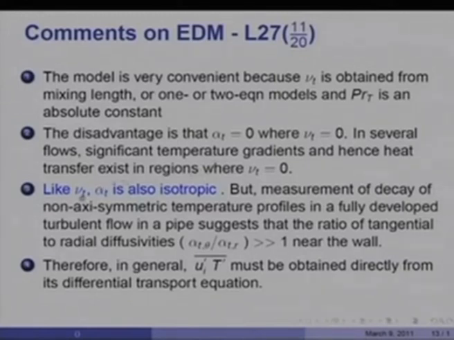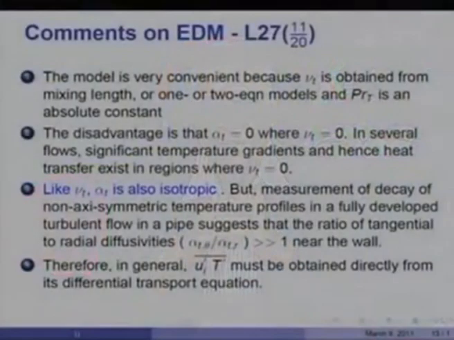But the advantage is, like nu_t, alpha_t is also isotropic. Again, measurements of decay of non-axisymmetric temperature profiles in a fully developed turbulent flow in a pipe suggest that very close to the wall of the tube, the tangential eddy diffusivity is actually greater than the radial diffusivity.